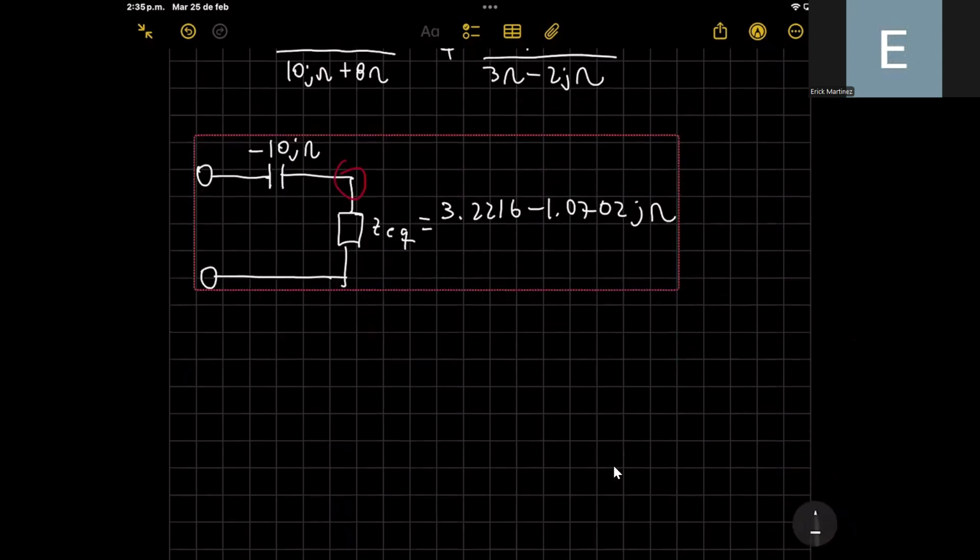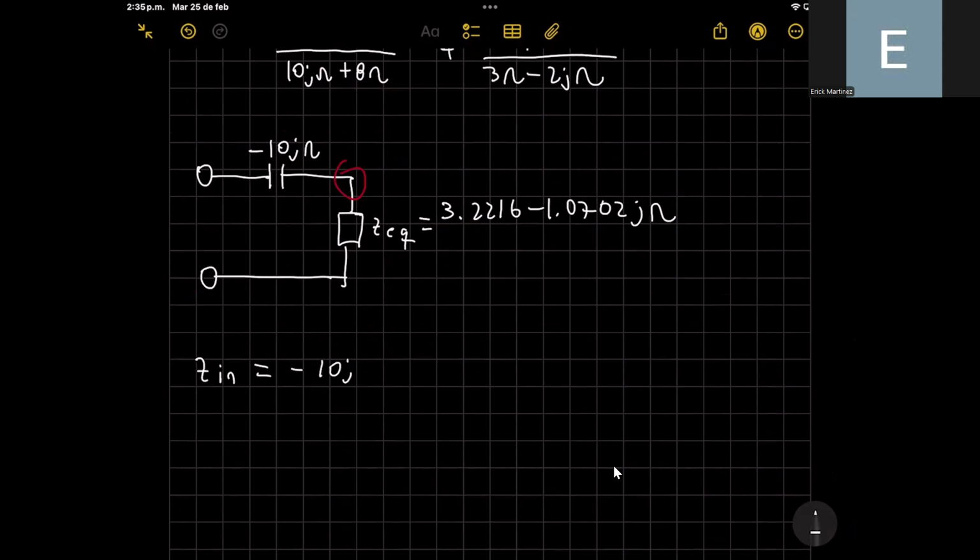In fact, I know that the equivalent impedance of the circuit will be equal to minus 10 J ohms plus the equivalent impedance, no, that is equal to minus 10 J ohms plus 3.2216 minus 1.0702 J ohms. You add all these values together. You can use your calculator for that. And you will obtain a value that is equal to, well, I am missing something here.